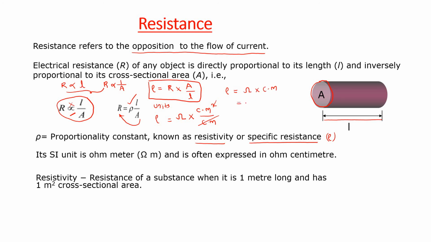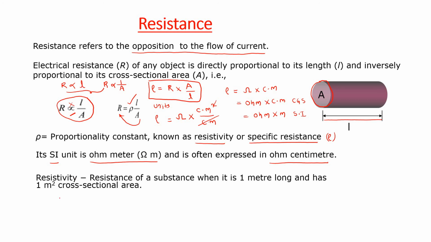This is for CGS units. In SI units, we take ohm into meter. So SI units: ohm into meter; CGS units: ohm into centimeter. In this way we can easily find the units for specific resistance.